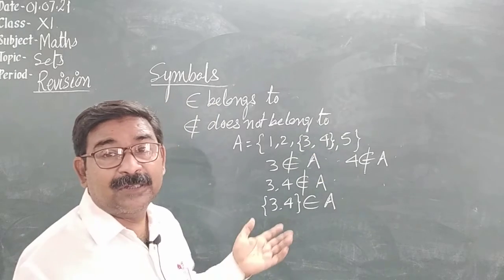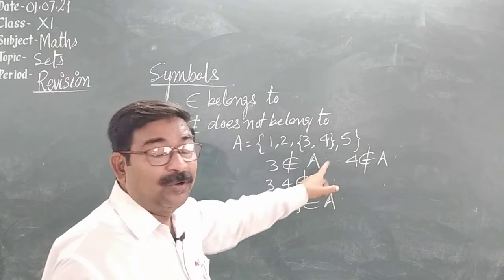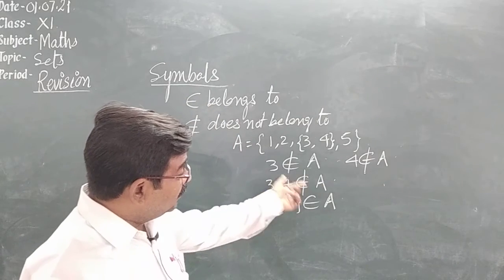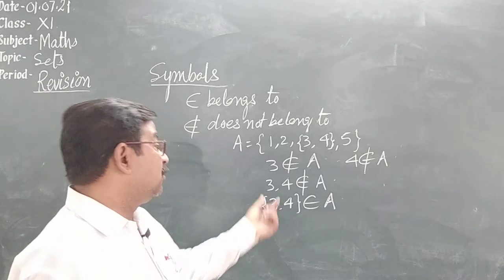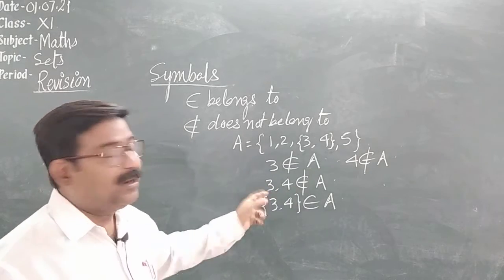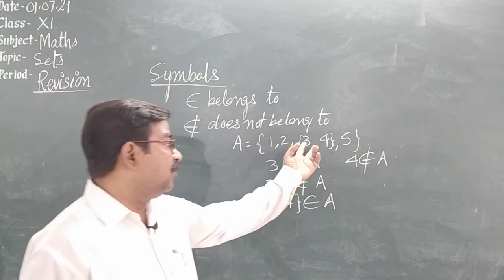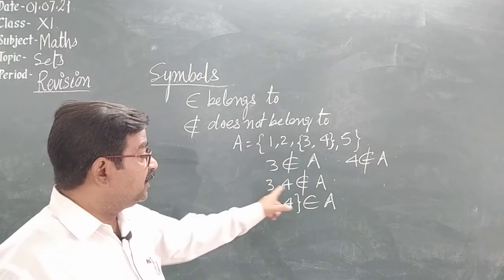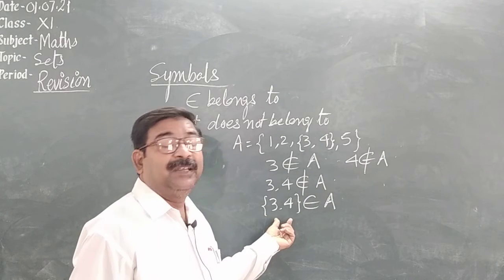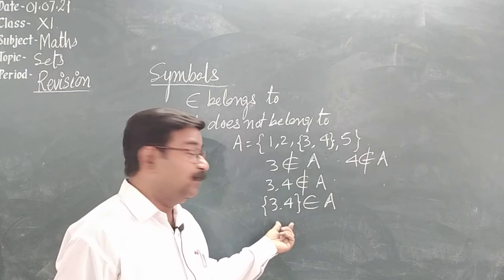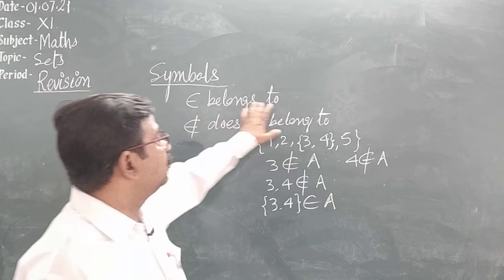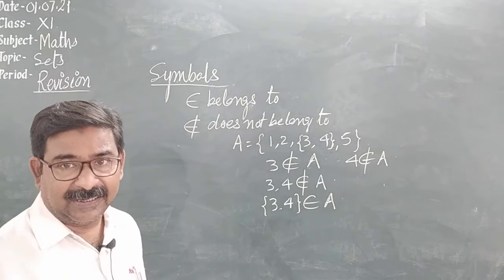If we write 3, 4 without brackets, it means 3 and 4 are different elements, which are not given in the set. So 3, 4 does not belong to A. But when we form the bracket, {3, 4} belongs to A. So this is how we use the symbols belongs to and does not belong to. Clear?